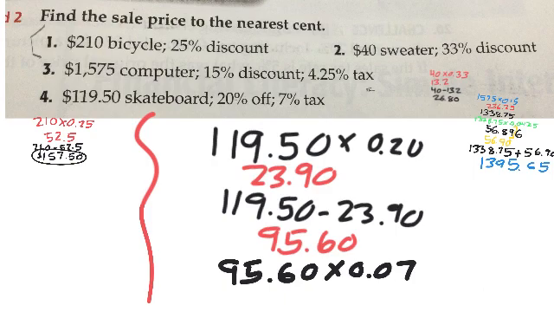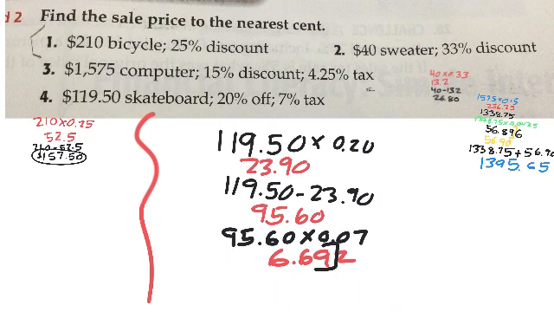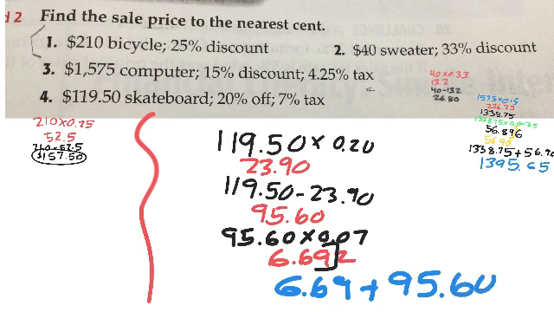When I multiply that, I got 6.692. This time the 2 tells the 9 to stay the same. So my tax is $6.69. So I'm gonna add that to $95.60. And we got $102.29.